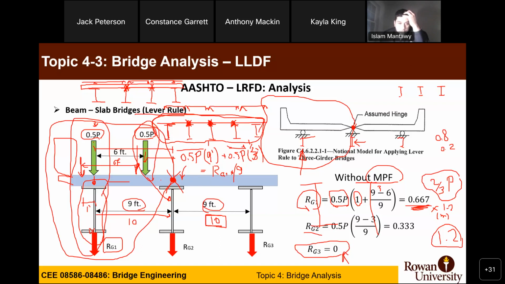Right. So all the loads either go to 1 or 2. If you have this load crossing, that means this part of the axle will go to 2 and 3, will not go to 1, right? Right. So let's go and solve it, because it looks like some of you guys are confused over it.